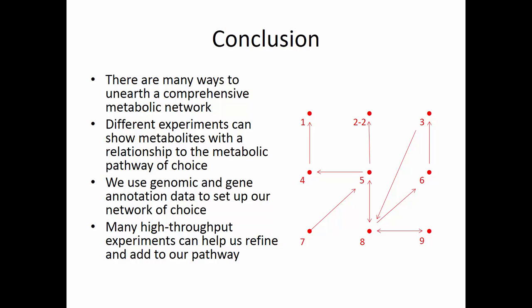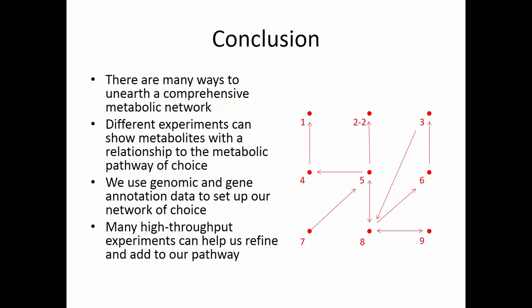Now, I'm not asking you to know the different metabolomic data gathering experiments that can be done. I'm not asking you to know what radiolabeled substrate is all about. Things like that. You don't need to know the molecular biology or the biochemistry of that stuff.